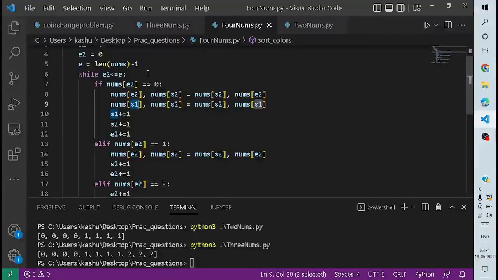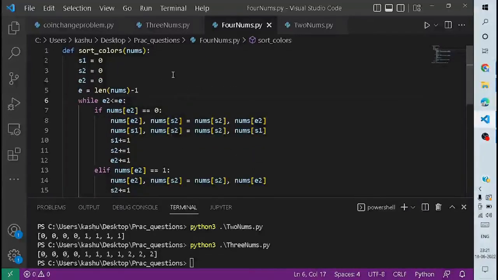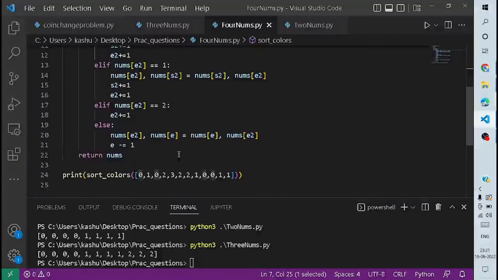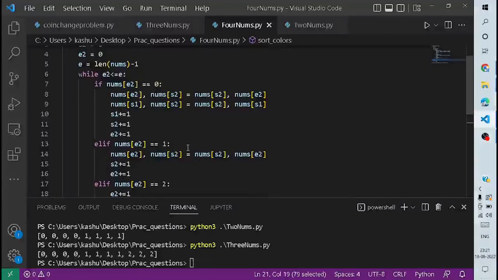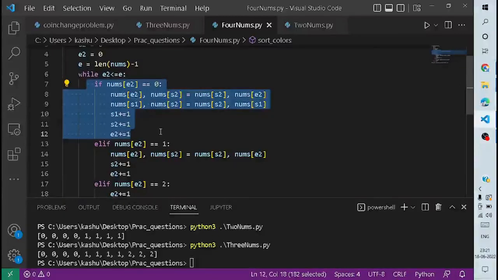So like there are 4 elements, right? 0, 1, 2, 3. So we know that the last element would be taken care of by this part. So we have 0, 1, 2. So when zero's position would be changed, we need to take care that it is taking care of 1 and 2 also.